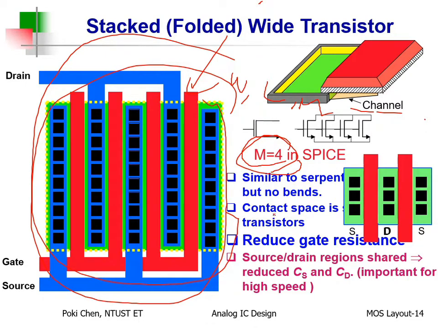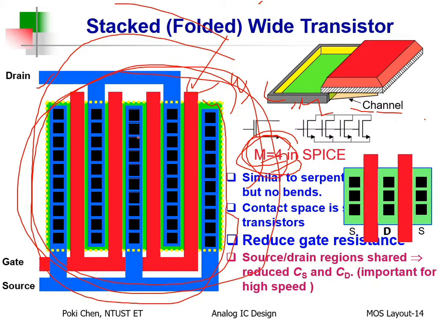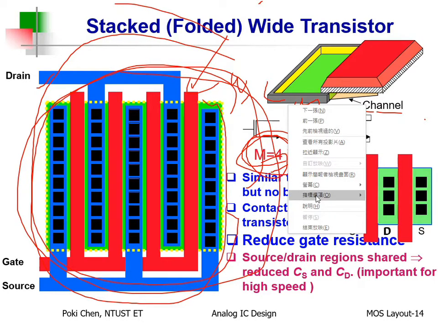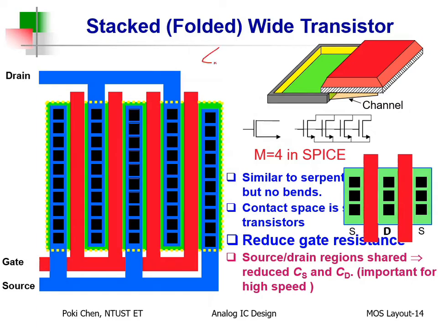When you write down M equals 4, the real meaning, just like this. Don't tell me, oh, the final transistor is 4W by L. Never. Actually it is W by L, then 4 connected in parallel.